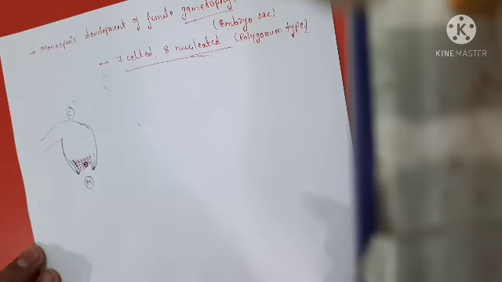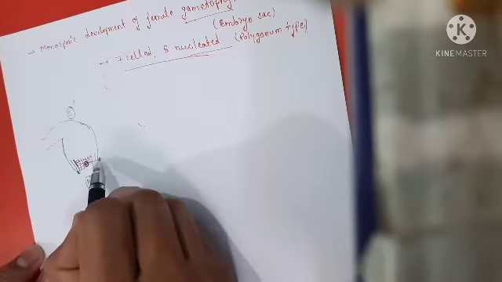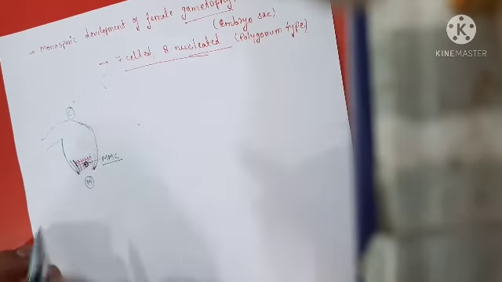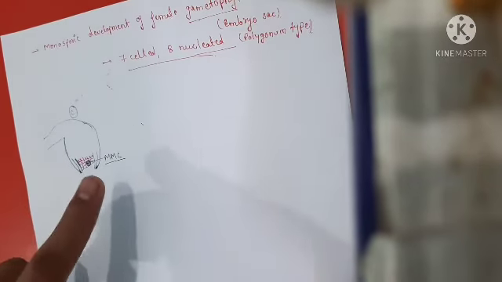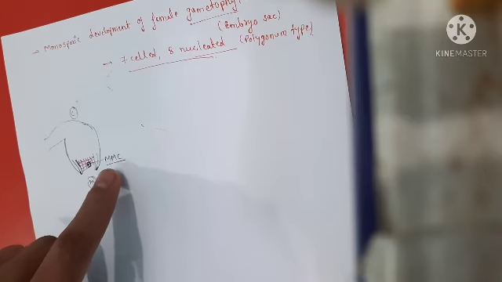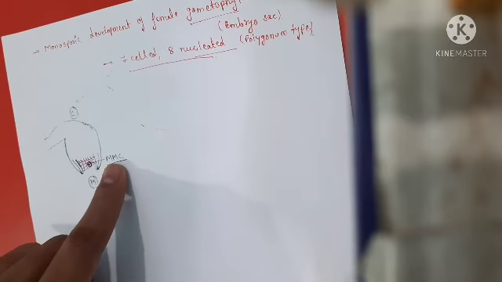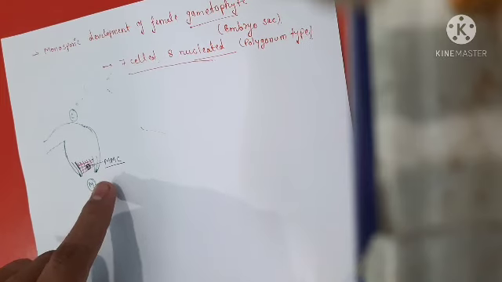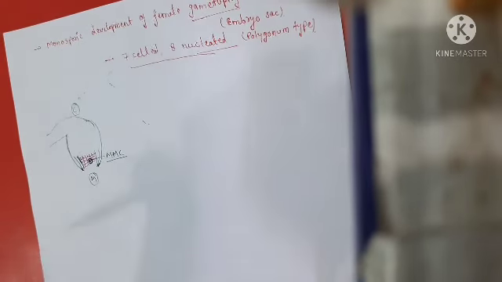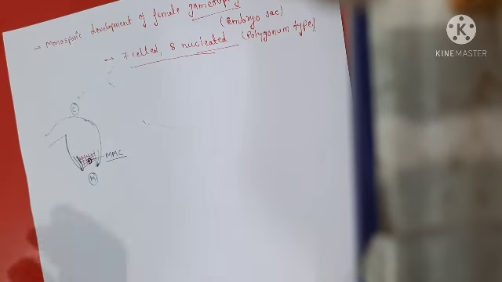There is a structure that is called MMC. In male gametophyte development, MMC means microspore mother cell, but in female gametophyte MMC means megaspore mother cell. So don't confuse. Here it is megaspore mother cell, and in male gametophyte development microspore mother cell.